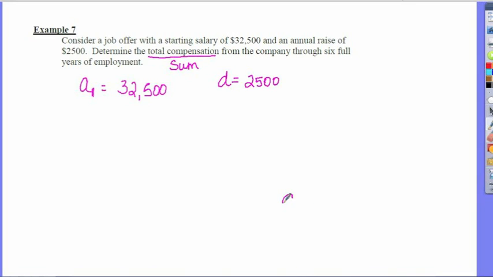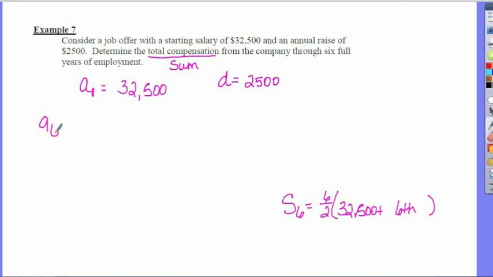So the last thing I'm going to do is the sum of 6 years of employment equals 6 divided by 2 times my first year's salary, $32,500, plus this right here needs to be my 6th year's salary. So I need to figure out my 6th year's salary. All right, so let's do that.